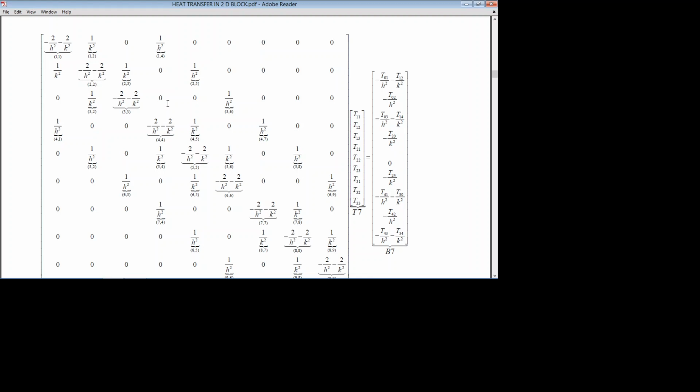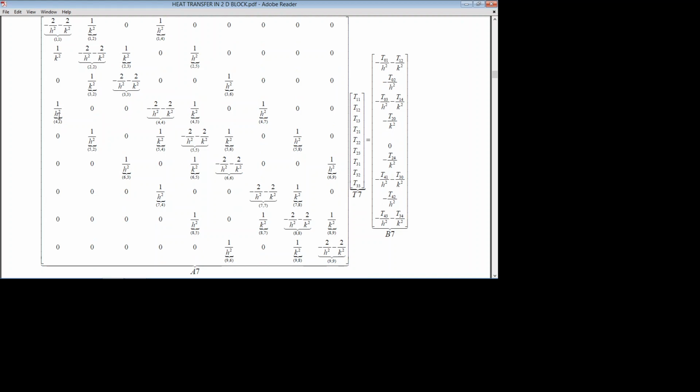The fourth row will have 4 terms: 1 here, then the main diagonal term, then the off-diagonal terms, that is 1 upon h square. Then this pattern will continue, forming a banded diagonal matrix.